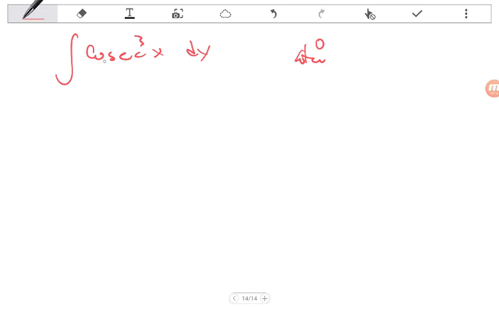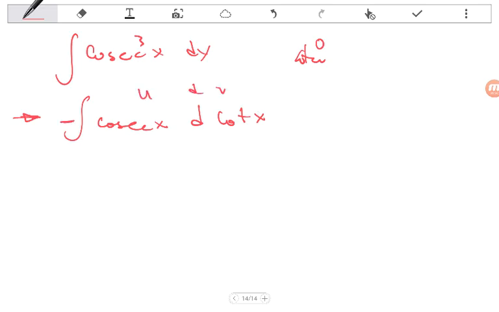So I have in my mind that whenever I apply by parts, I just have to express it in terms of the original integral. Now, how should I make it? I take cosec squared after the d, which will be cosec x d cotan x in negative.